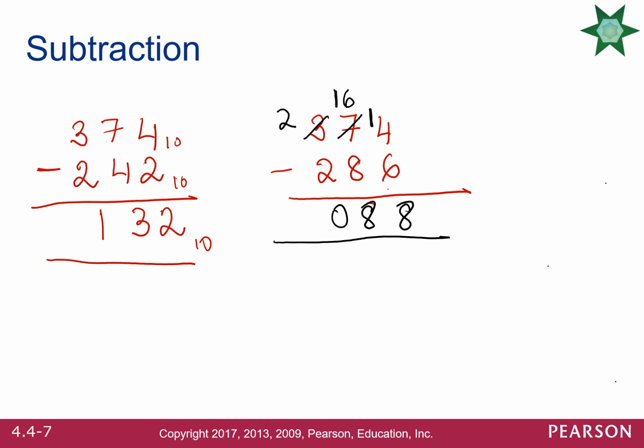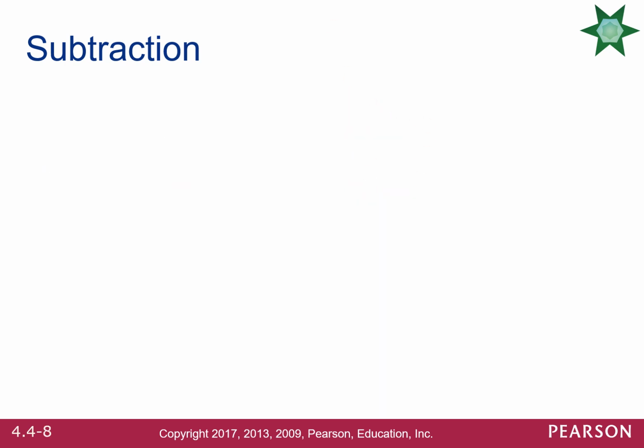So this is how we subtract, the process of subtraction with decimals. We are going to apply the same process for different bases, except when we are working with base 5, instead of borrowing a bundle of tens, we are going to borrow bundles of 5 if that's the base we are working with, or a bundle of 2s if we are working with binary, base 2, or a bundle of 16 if we are working with hexadecimal, and so on.